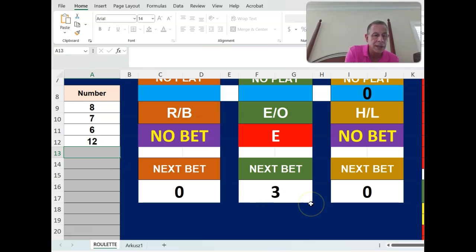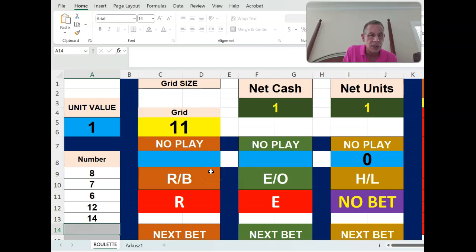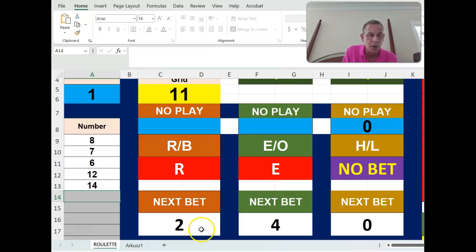On even, and we do win because it's a 14, all right? And that triggers us back into a red-black bet. So now we're up 1 unit total, cumulative, and we're betting 2 units on red and 4 units on even. That's all you got to look at, guys, this right here, right?